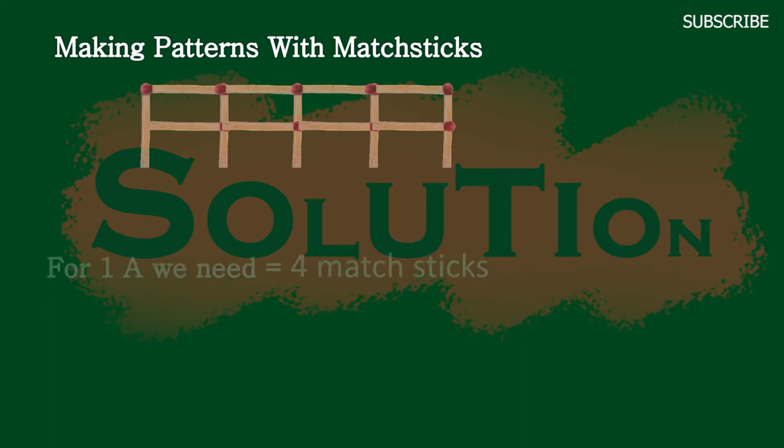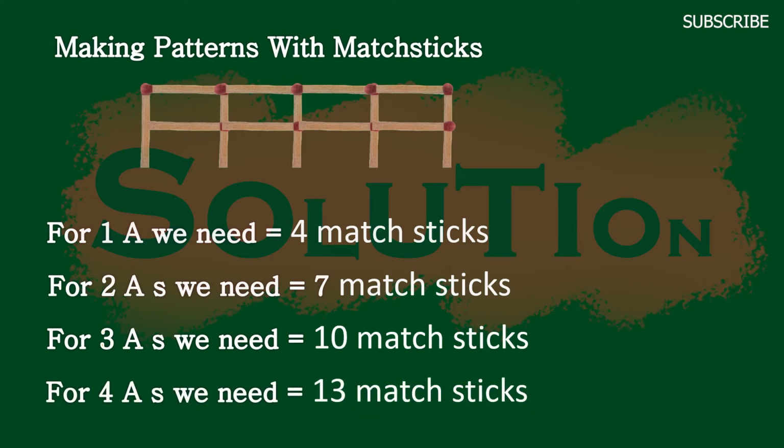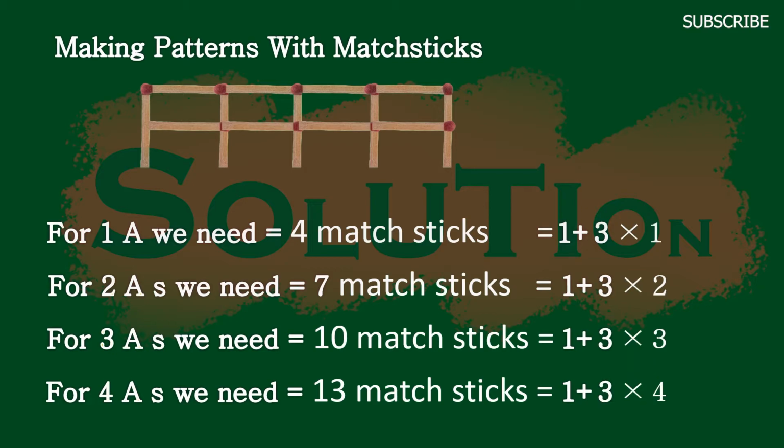For 1A we need 4 matchsticks, and that 4 we can write as 1 plus 3. For 2A we can write 1 plus 6, then 1 plus 9, and 13 we can write as 1 plus 12.